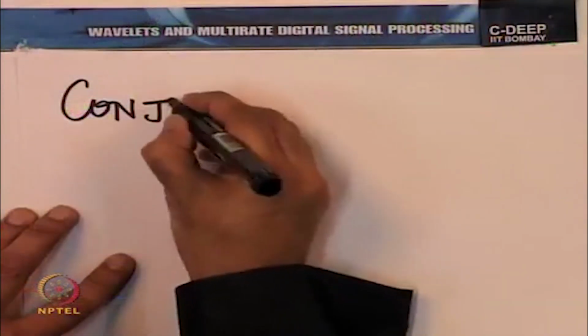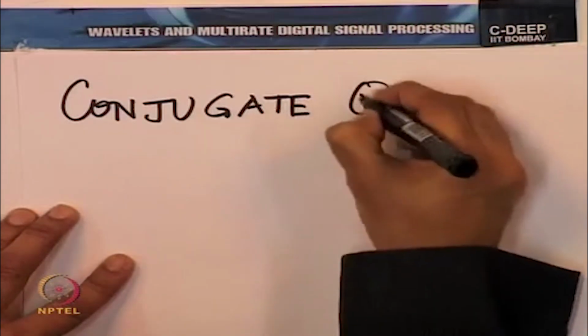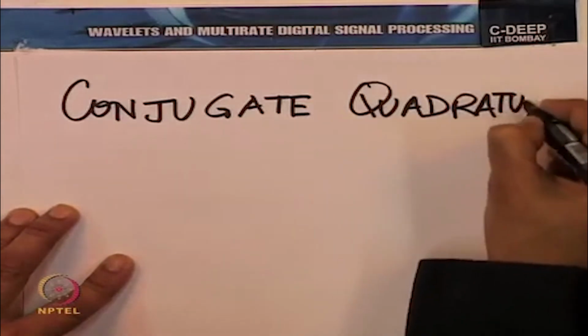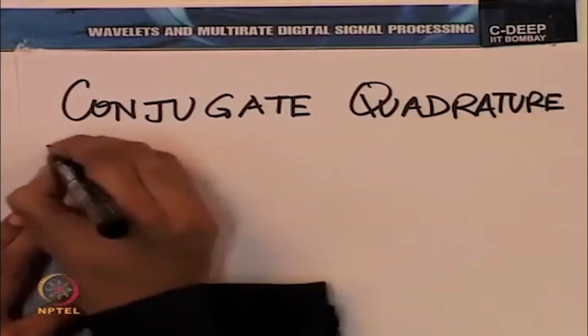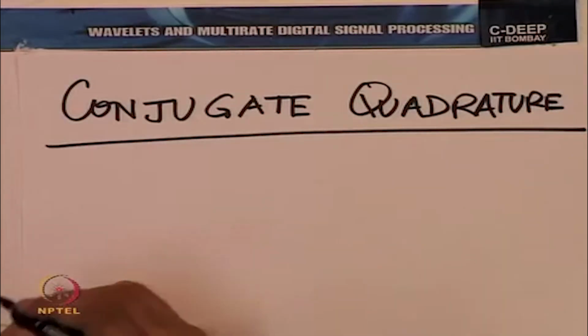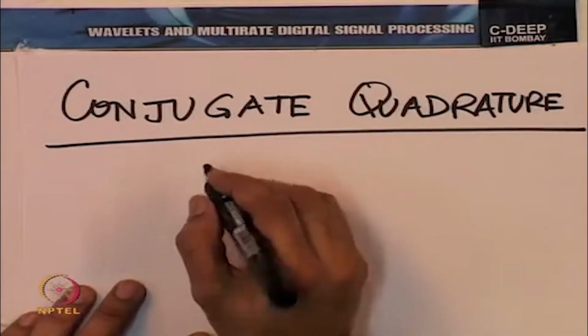So, we are looking at one class of what are called conjugate quadrature filter banks. Now, the describing equations of these conjugate quadrature filter banks are very simple.